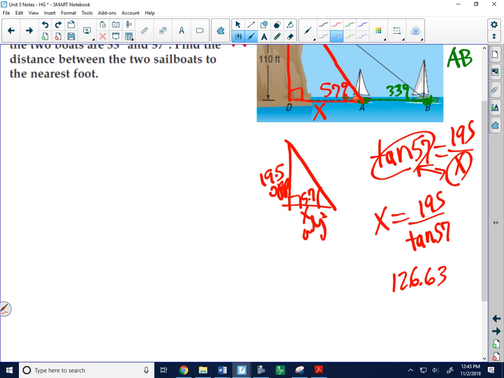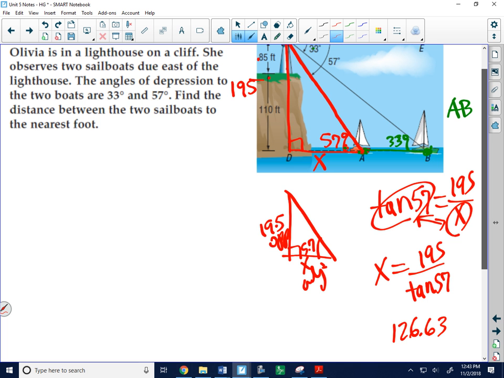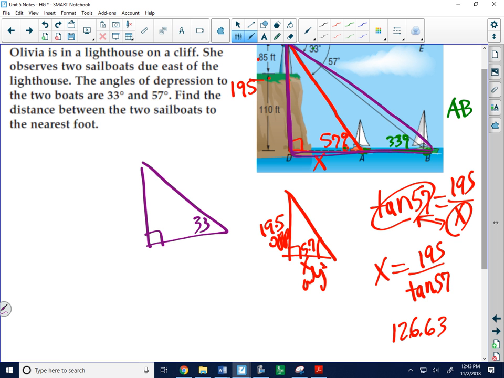Now, again, AB is not a right triangle. But what I'm going to do is just redo what I just did for the big triangle. The angle's 33, the height is still 195, and I'm going to call this from D to B. You call it X if you want. I'm going to call it Y, so it's a different variable.